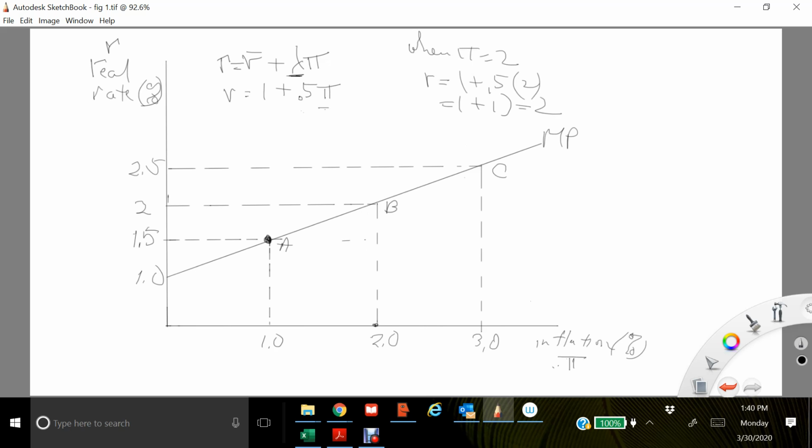And similarly, when the inflation rate equals 3, the real rate, as set by the Fed, equals 2.5. Okay, so now we have our monetary policy curve, with R as a function of pi.